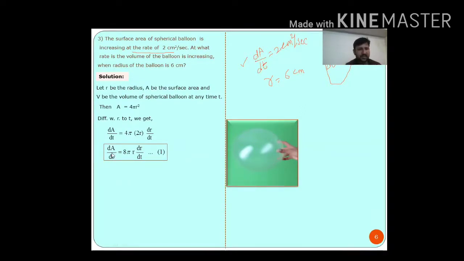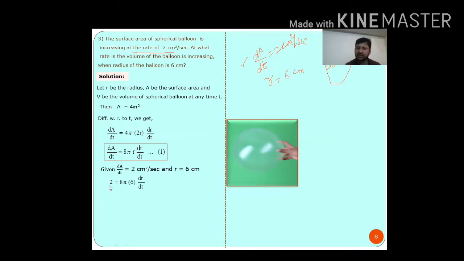Let us see: dA by dt value is 2 centimeter square per second, r is 6, substitute both. We get 2 is equal to 8 pi, r is 6, into dr by dt. Then this 8 pi into 6, 8 times 6 is 48, so 48 pi shifted to the left-hand side will get divided into 2.